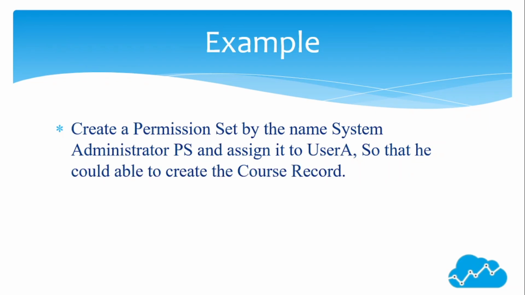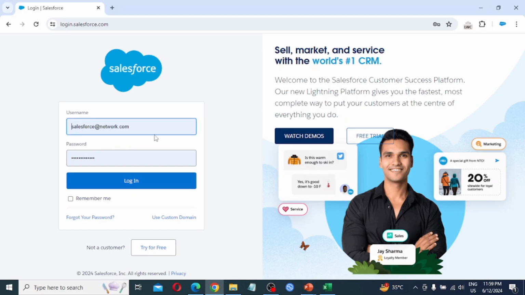Let's see an example. Create a permission set by the name System Administrator Permission Set and assign it to user A so that he is able to create course records. So just log into our Salesforce account.